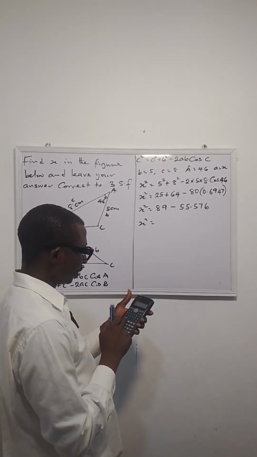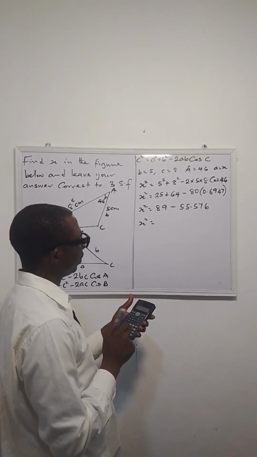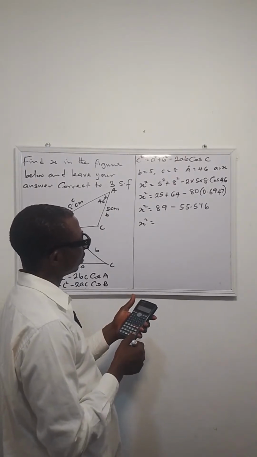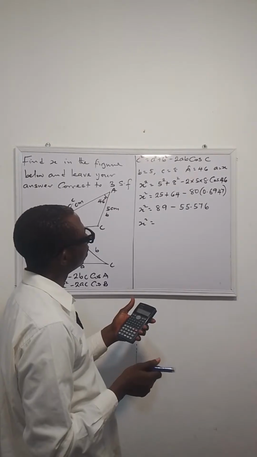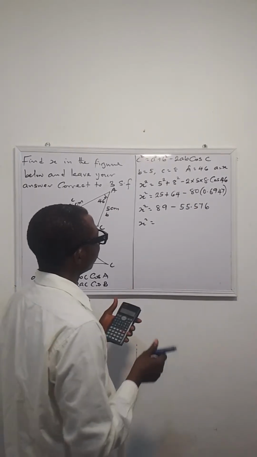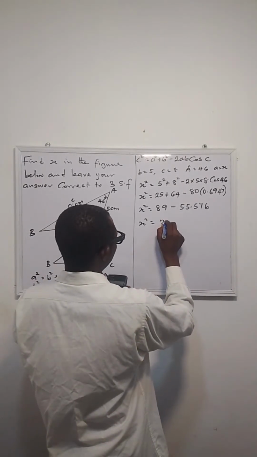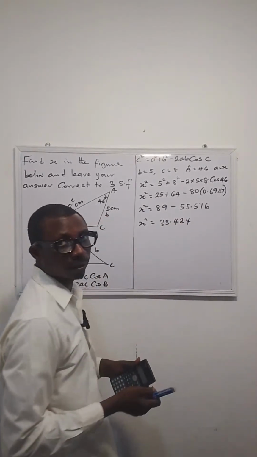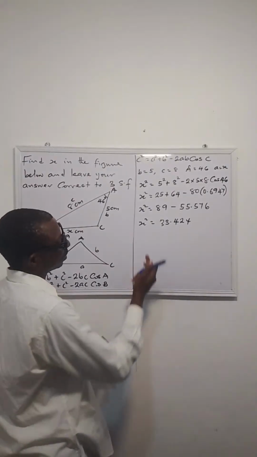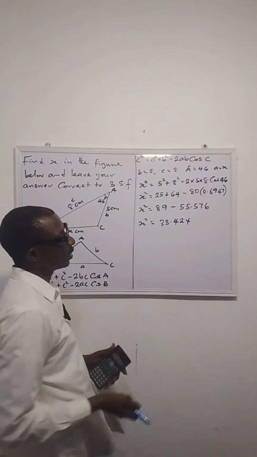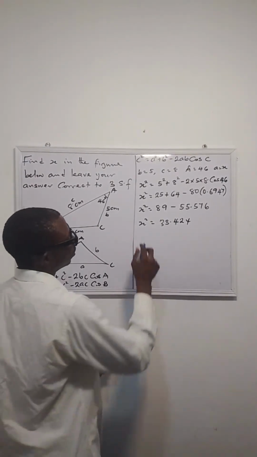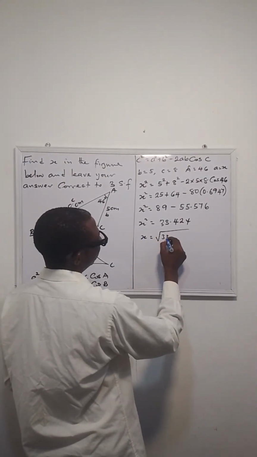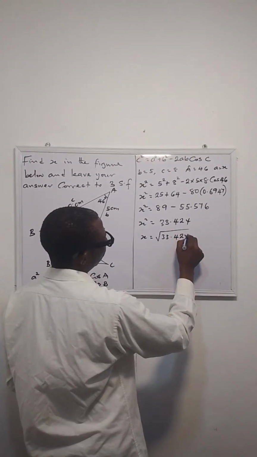So when you subtract 89 minus 55.576, what do you have? You have 33.424. Now here you can take the square root of both sides. So you have x equals square root of 33.424.